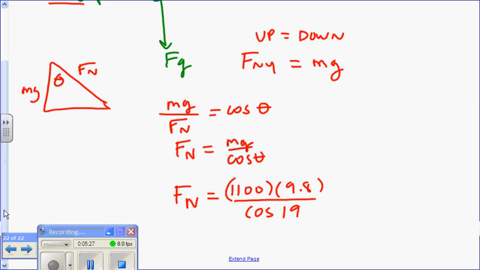In part C, it asks us to find the speed that it could travel safely.